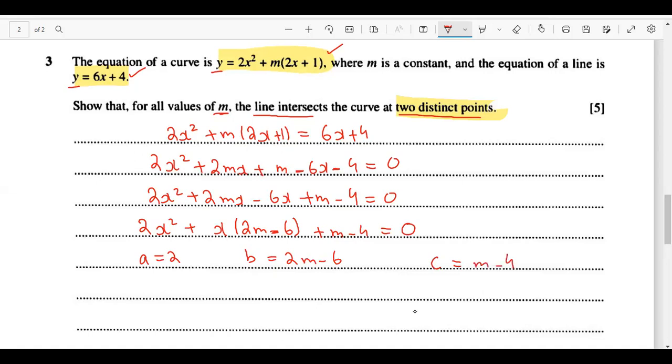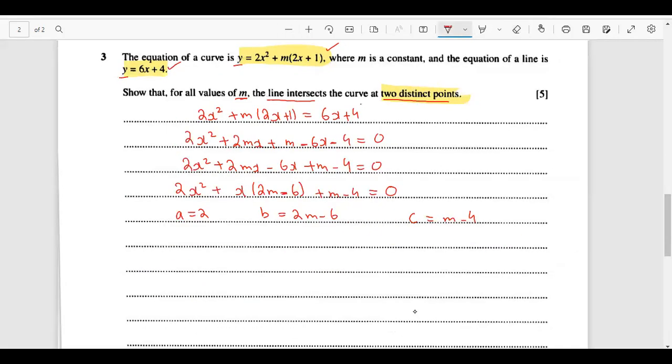Now I need to plug in b squared minus 4ac. Right now, I won't say b squared minus 4ac is greater than 0. No, I need to plug in the values and show that b squared minus 4ac is greater than 0. So b squared minus 4ac is basically going to be 2m minus 6 squared minus 4 into 2 into m minus 4.